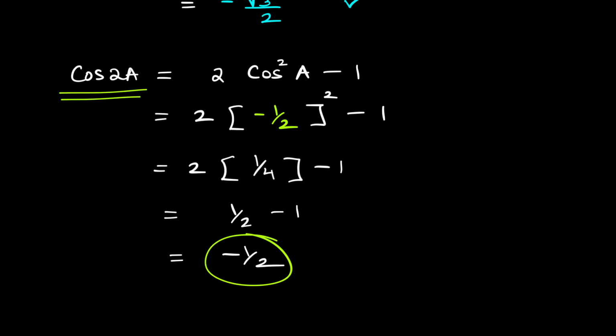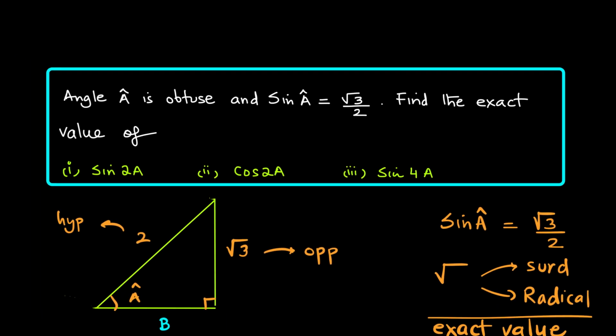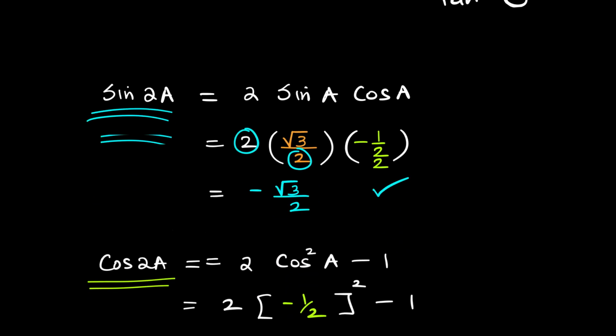Now, what is the third part being asked? We are done with sine of 2A, cosine of 2A, and the third part is sine of 4A. In order to evaluate sine of 4A, let's first modify the formula.